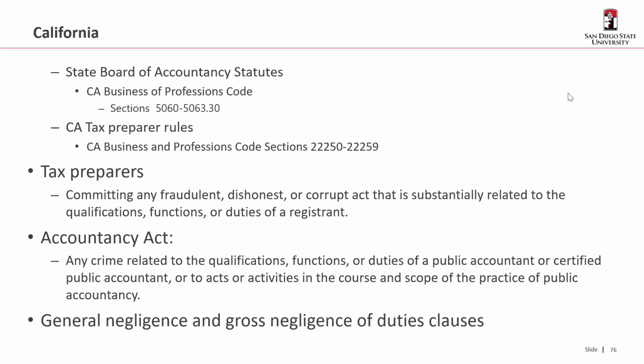Under the Accountancy Act, which is a higher standard, that's for CPAs, any crime related to the qualifications, functions, or duties of public accounting or being a CPA, or to acts or activities in the course and scope of the practice of public accountancy, any general negligence or gross negligence of the duties can also cause you to lose your license.